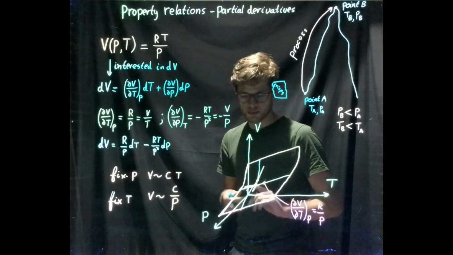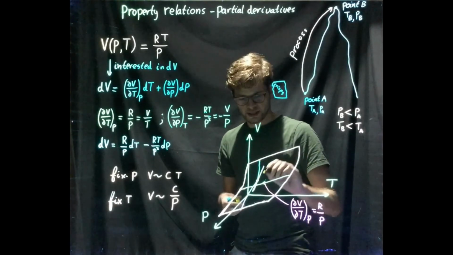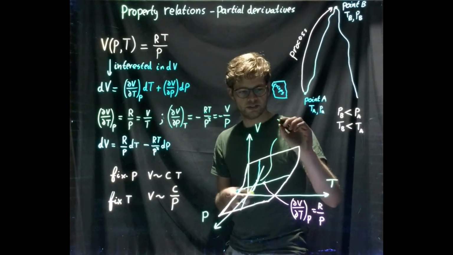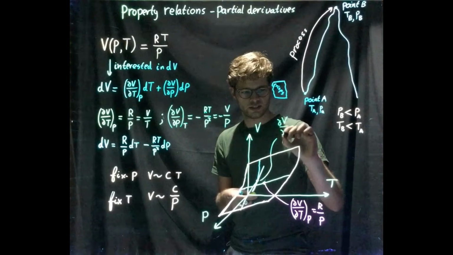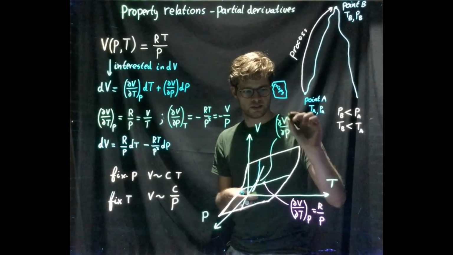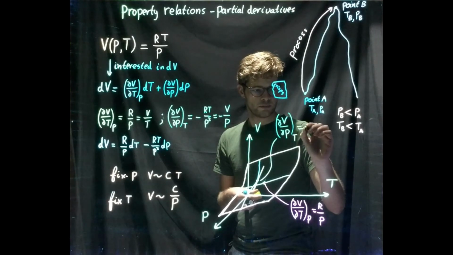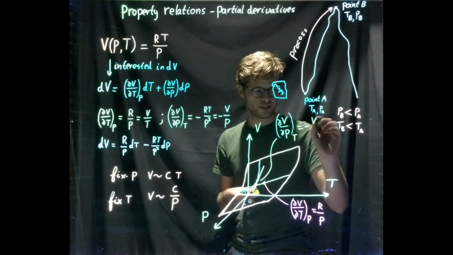So it will describe the rate of change, and my derivative in this point will be dV over dP for a fixed temperature, and it will be equal to minus V over P.